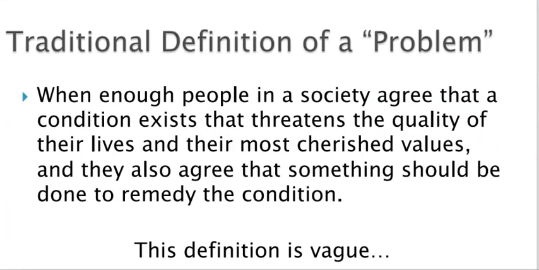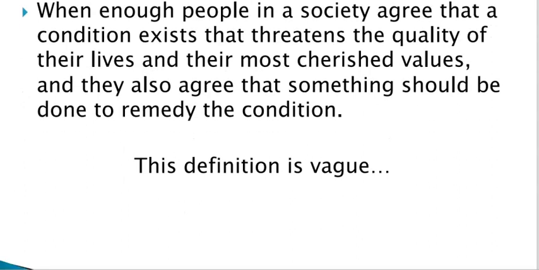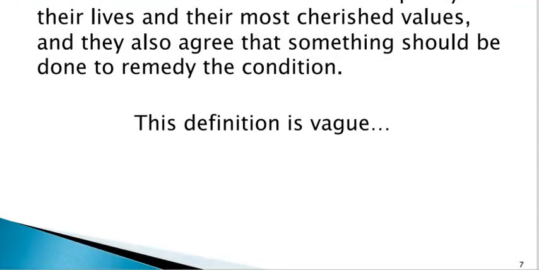The traditional definition of a problem says that when enough people in a society agree that a condition exists that threatens the quality of their lives and their most cherished values, and they also agree that something should be done to remedy the condition, that is a traditional definition of a social problem, which is vague.